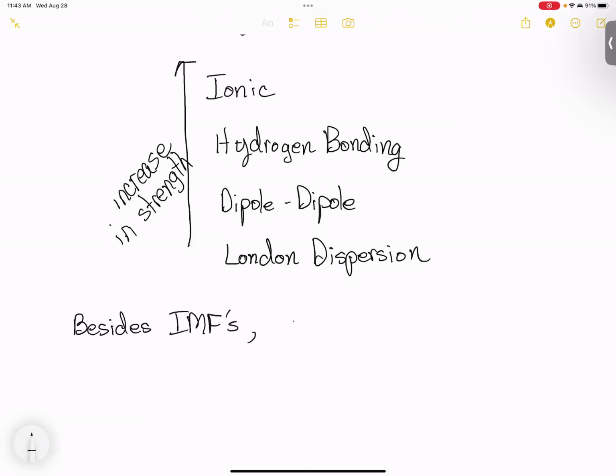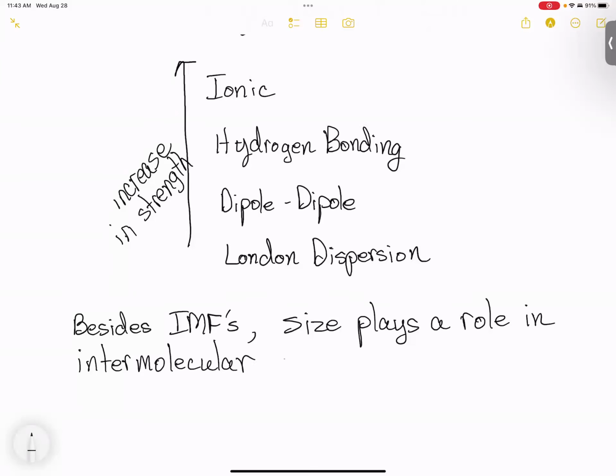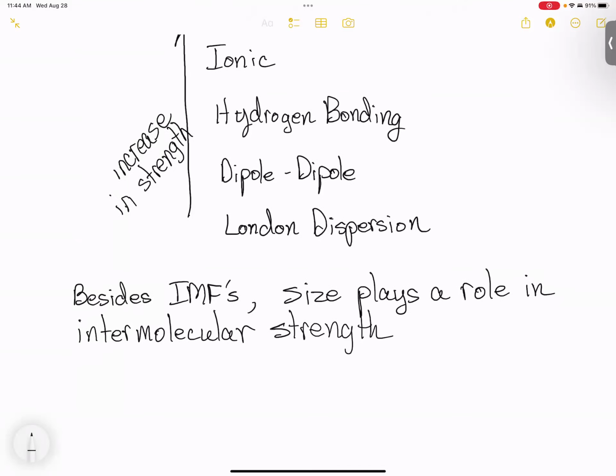And that is the size. I should say size and shape.